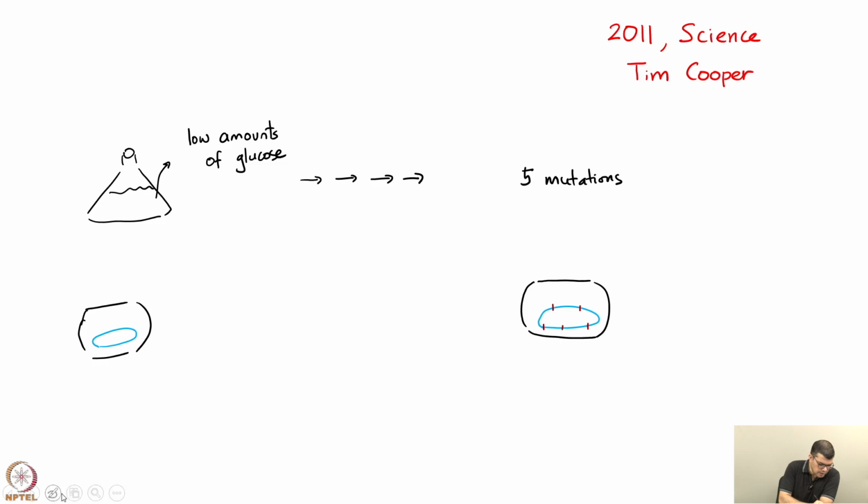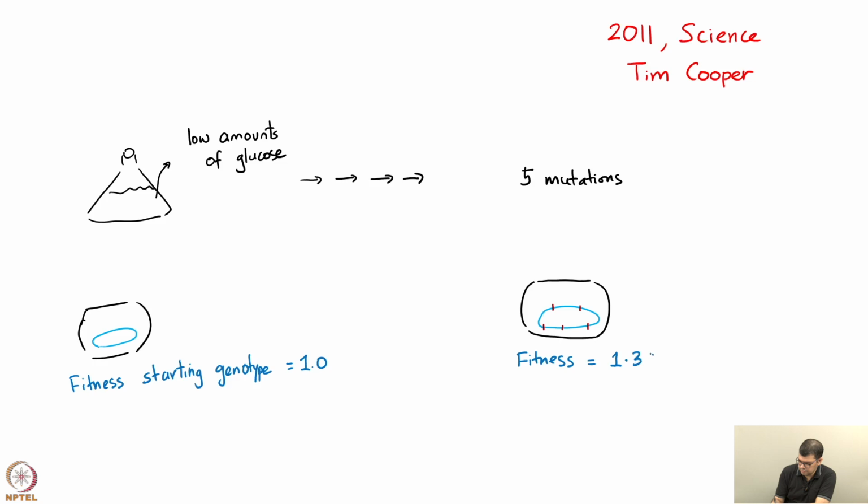If the fitness of the starting genotype, let us call this 1, then after acquisition of these 5 mutations in the genome, the fitness has increased to 1.35. So, there is a 35% increase in the fitness of the organism after acquisition of these 5 mutations.